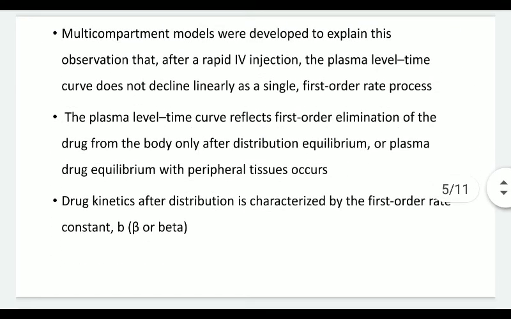Further, it says that multi-compartment models were developed to explain this observation that after a rapid intravenous injection, the plasma level time curve does not decline linearly as a single first order rate process.